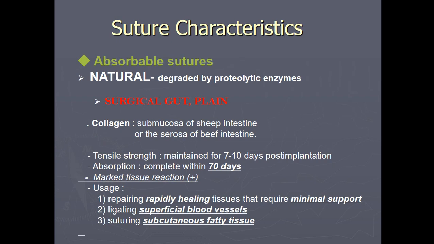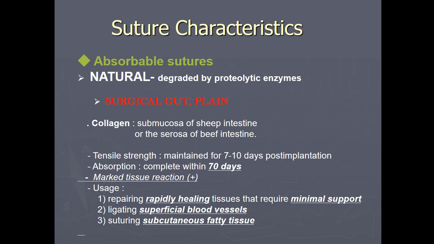Suture characteristics, like absorbable sutures. Take the natural ones, which are degraded by proteolytic enzymes. So the mechanism of disappearing or absorption is by proteolytic enzymes in naturally absorbable suture material like chromic catgut or plain catgut.